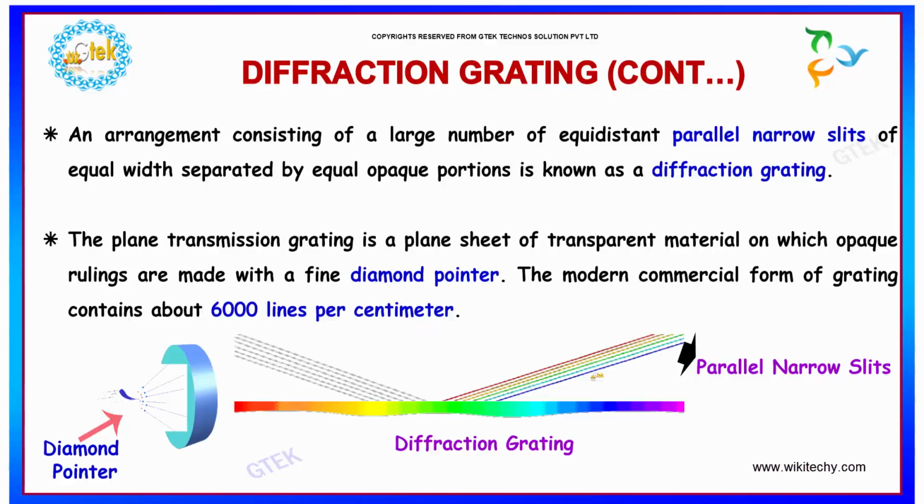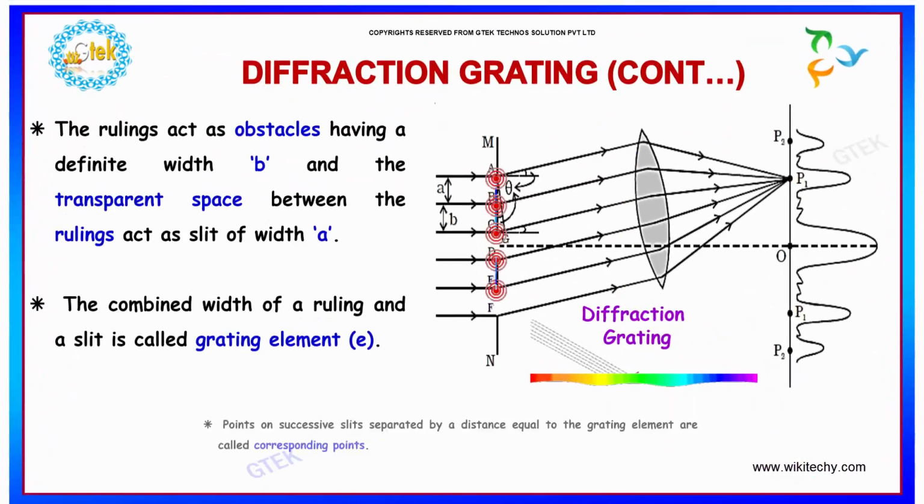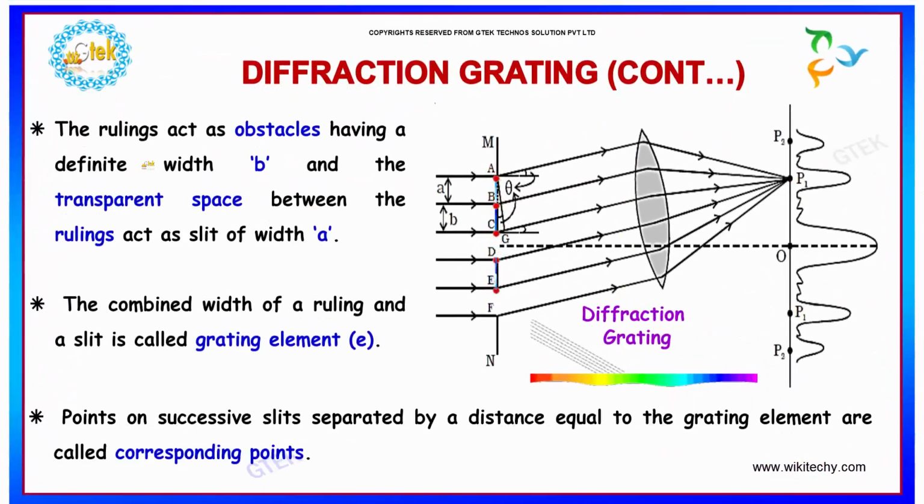You are able to see the parallel narrow slits that are equidistant. The rulings act as obstacles having a definite width B, and the transparent space between the rulings acts as a slit of width A. The combined width of a ruling and a slit is called the grating element.